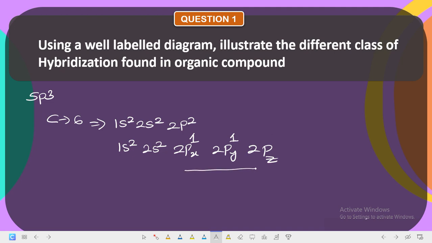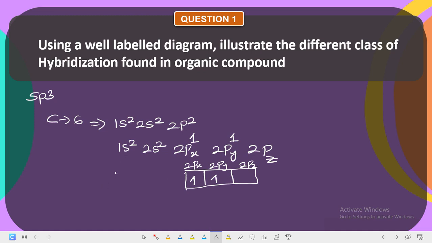In most cases, it is often represented with a box like this, where you have 1, 2, 3, if this is 2px, 2py, and 2pz. According to Hund's rule, it's proper that you fill singly before pairing. So we fill 1 electron in 1, and this is 2. It means that we have an empty p orbital.